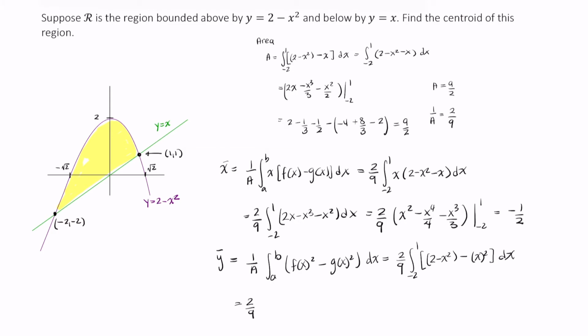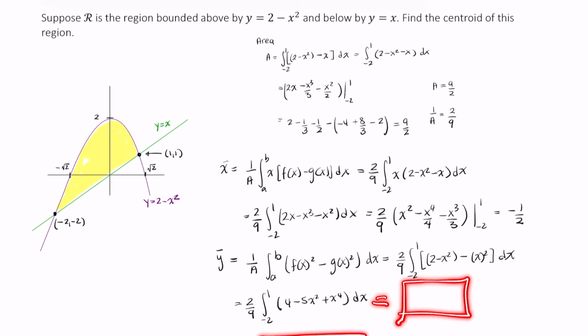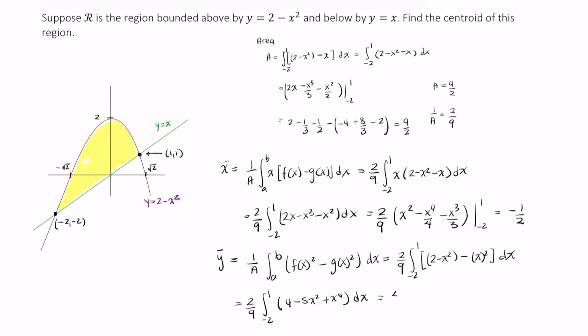So this is 2 over 9 times the integral from -2 to 1 of 4 minus 5x squared plus x to the 4th dx. Pause your video if you don't see how I got from here to here and try this out, and then keep it paused and work out what number this is, since by now you should definitely be able to work out integrals like this. Now that you've paused your video and worked all of this out, you end up with 4/5, and that's 0.8.